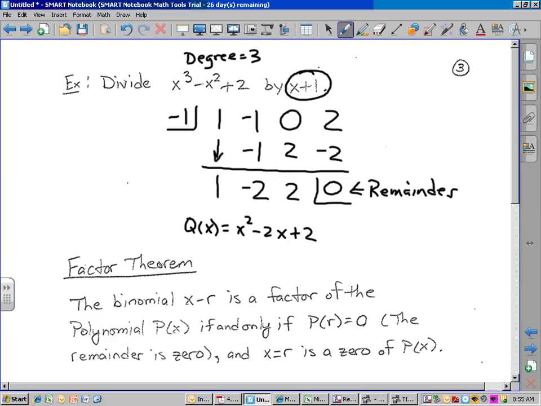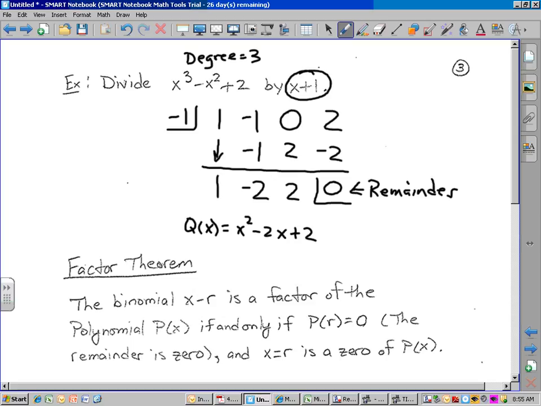That is very important. When we get a remainder of 0, something special happens. That means that what we divided by goes into that polynomial evenly. There's nothing left. It's a remainder of 0. Okay, so we get two things out of that.